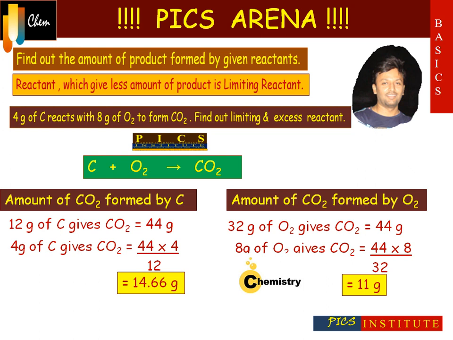So we can say from the given quantity of carbon the amount of CO2 formed is 14.66 gram, and from the given quantity of O2 the amount of CO2 formed is 11 gram. From the second point, the reactant which gives less amount of product is the limiting reactant. So we can say oxygen is the limiting reactant and carbon is the excess reactant.